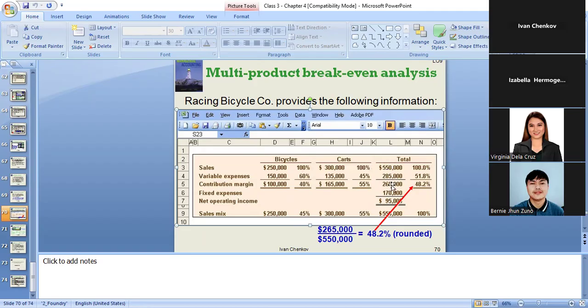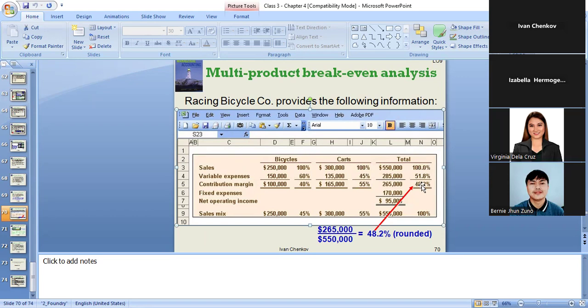Once we get the total contribution margin, we can get the contribution margin ratio, calculating it based on the total numbers. Once we have the ratio based on the total numbers, we can find the break-even in sales as a sales dollar amount.